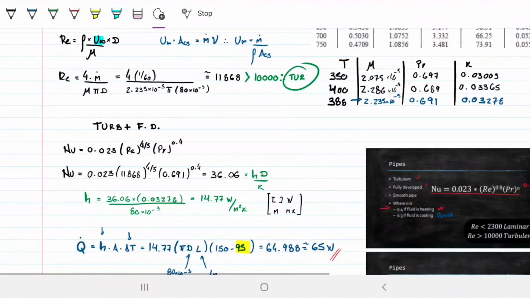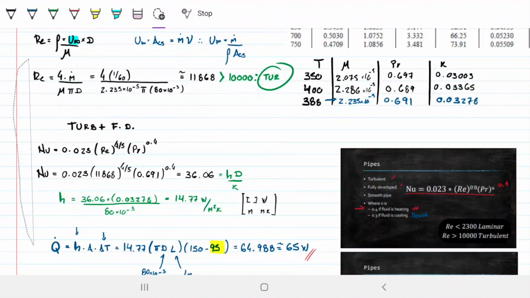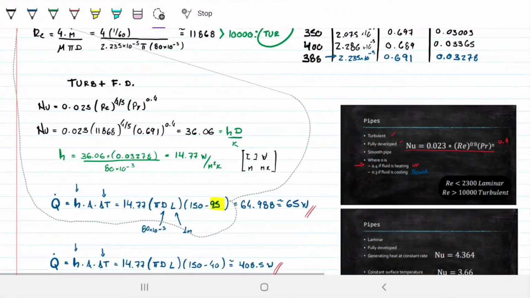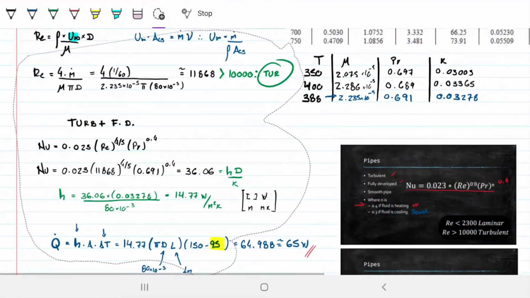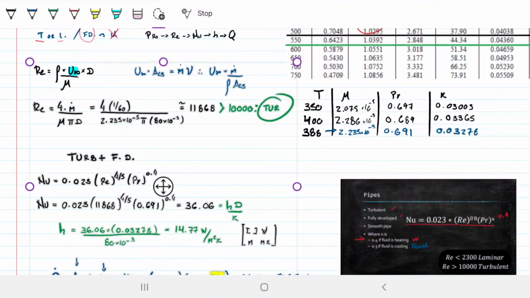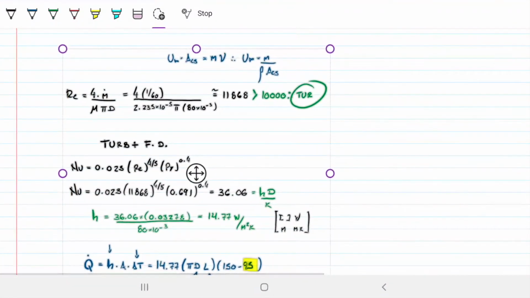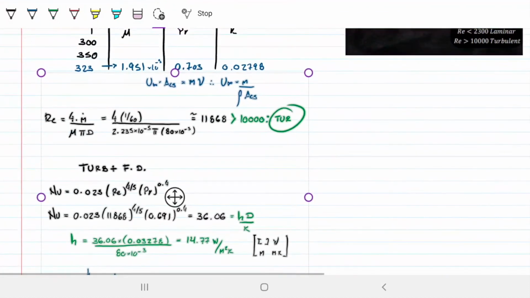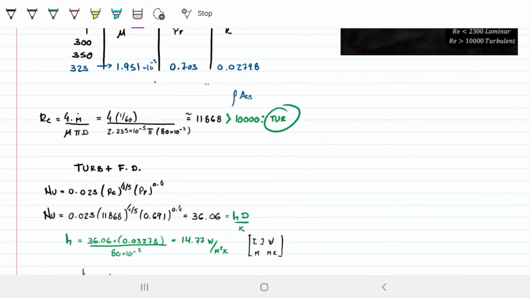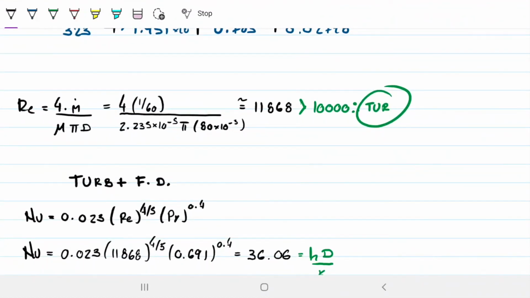So what do we need to redo? We need to redo this part here, and this part here. Okay, so here, this is the same mass flow rate, same diameter.